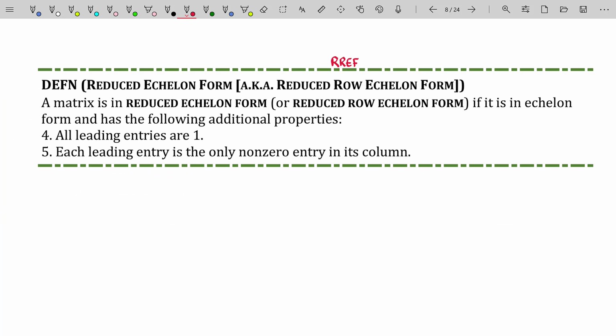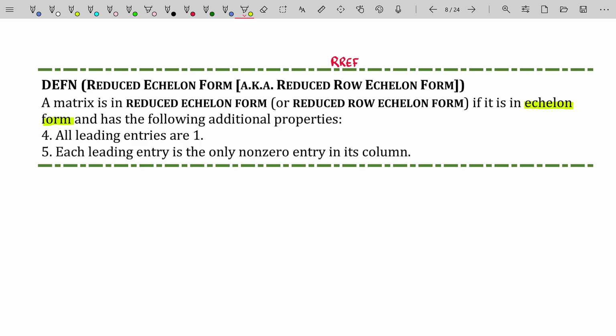So a matrix is in reduced echelon form, or reduced row echelon form, if it's already in echelon form. So in other words, any row full of zeros is at the bottom of the matrix. The leading entries are staggered from left to right, top to bottom, and all entries below a leading entry must be 0. Those three conditions are satisfied.